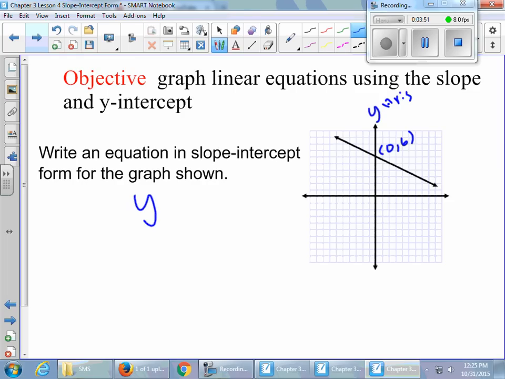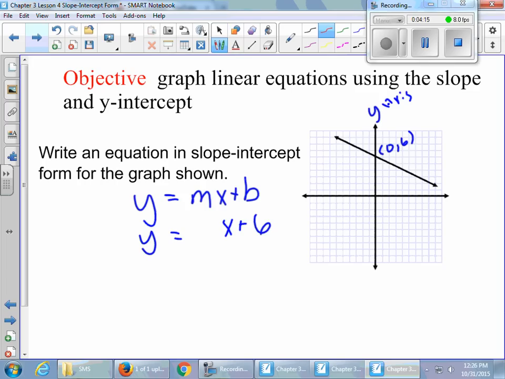Our slope-intercept form, we always write that down first so we can get it in our heads: y equals mx plus b. B is our y-intercept, and we see the line crosses at 6, so we've already got the 6 figured out. Now we just need to find our slope.